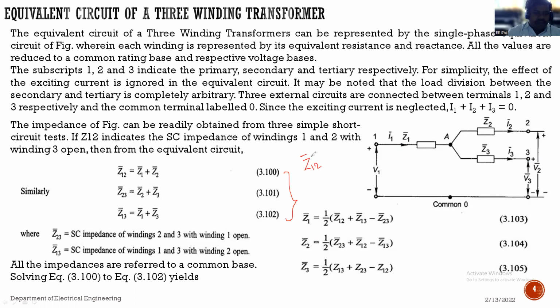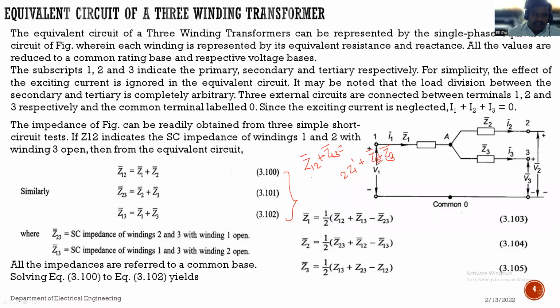Z12 bar plus Z13 bar is equal to Z1 bar plus Z1 bar, that means 2 Z1 bar plus Z2 bar plus Z3 bar. Okay, see, on the right hand side we take the addition, Z12 bar plus Z13 bar. On the left hand side 2Z1, I want to calculate the value of Z1.